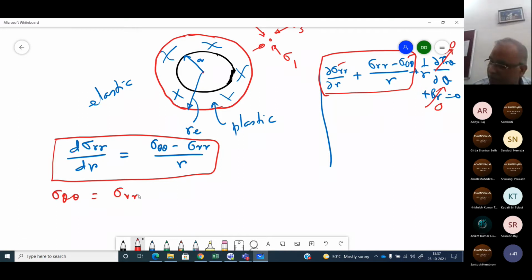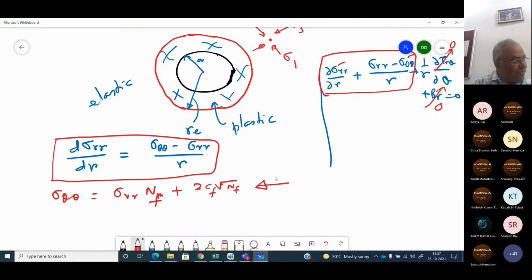It should be sigma rr times, I'm writing it with NR, I will tell you what it is, or sorry, I will write NF, plus 2 CF square root of NF. This is basically the Mohr Coulomb.